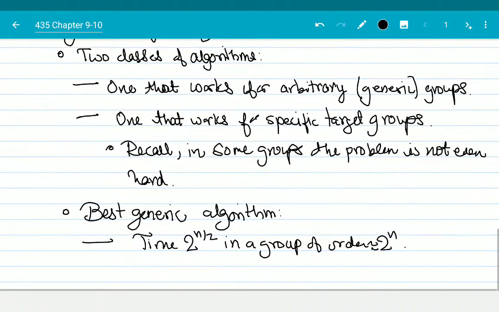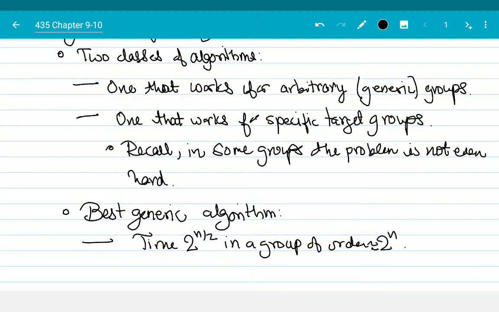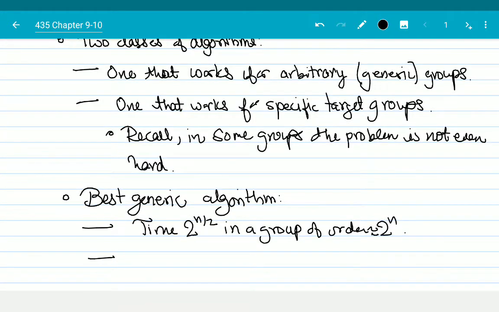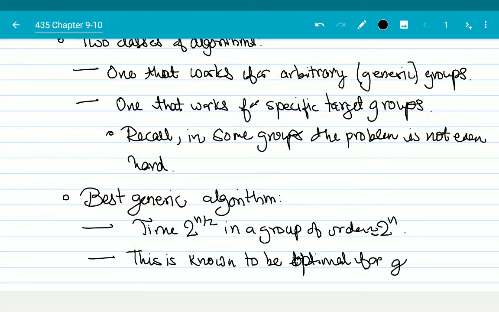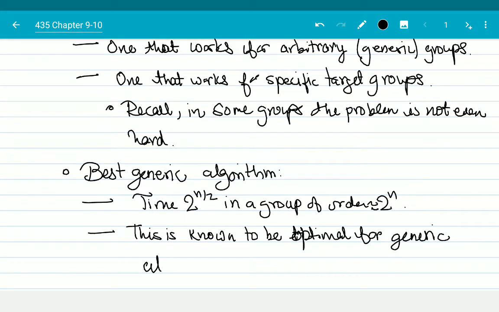So basically square root of n is the best you can do. This is known to be the optimal for generic algorithms.